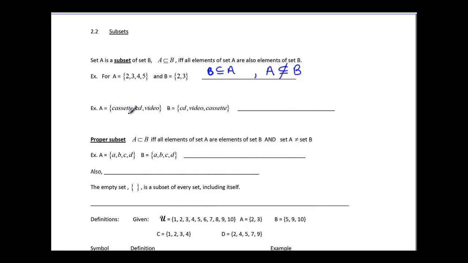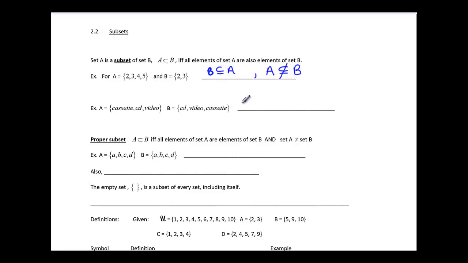Okay. And then the next example here, set A contains cassette, CD, and video. Set B, CD, video, and cassette. So we notice we have the same elements in both sets. And we would call those equal sets because they have exactly the same elements in each set.